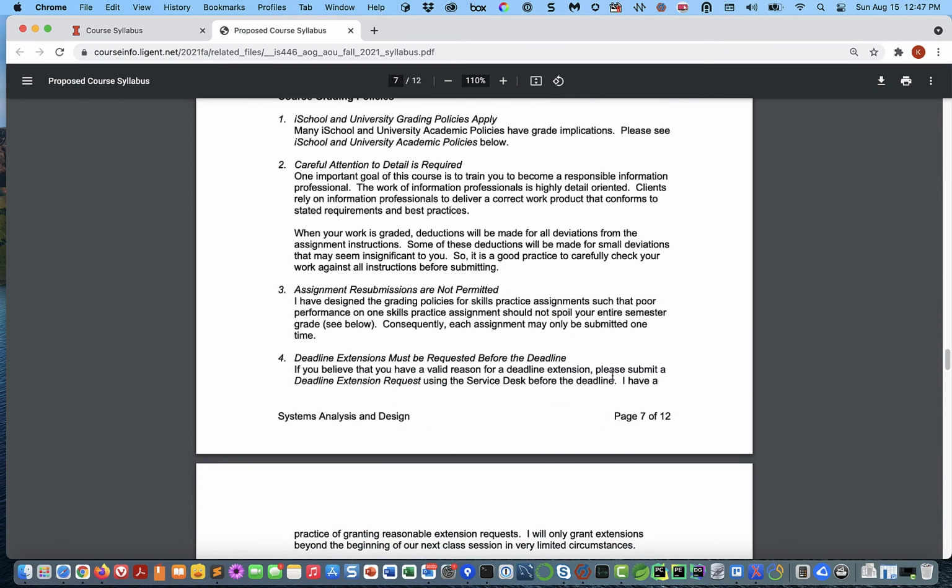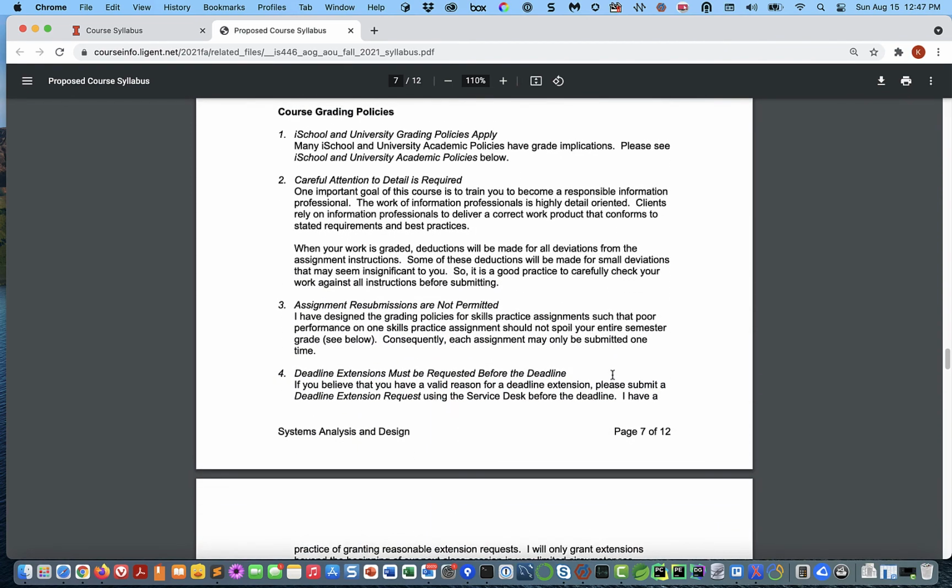As for grading, I finally have gotten to the point where I have a grading policies part of the syllabus. That's because I really want to avoid disappointment on the parts of students where they get to the end of the course and they're worried about their grade and they don't know what recourse they have.